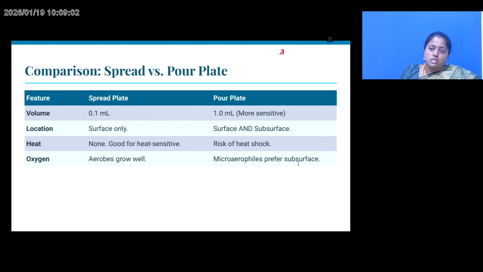In spread plate, no heat is used, so it is good for heat sensitive bacteria, but in pour plate there is a risk of heat shock. Aerobes grow very well in spread plate, while microaerophilic bacteria prefer the pour plate method.